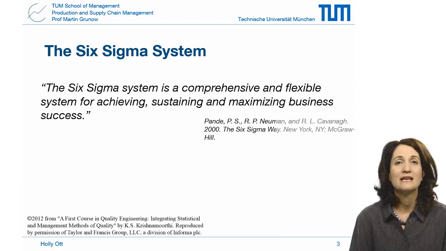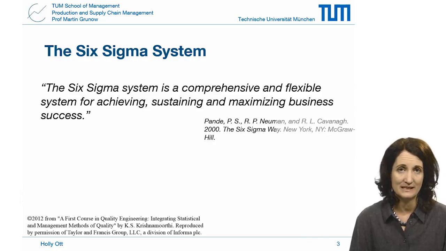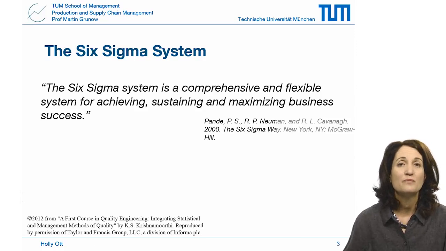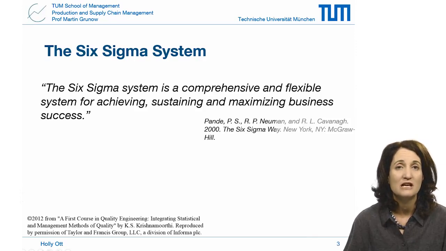The authors state that the Six Sigma system is a comprehensive and flexible system for achieving, sustaining, and maximizing business success. The Six Sigma process strives to achieve this by careful understanding of customer needs, use of facts through data collection and statistical analyses, and by managing, improving, and re-engineering productive as well as business processes to increase customer satisfaction and business excellence.